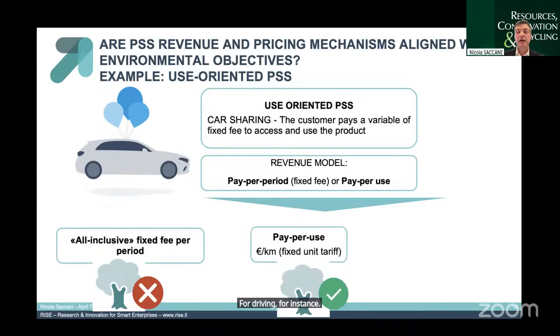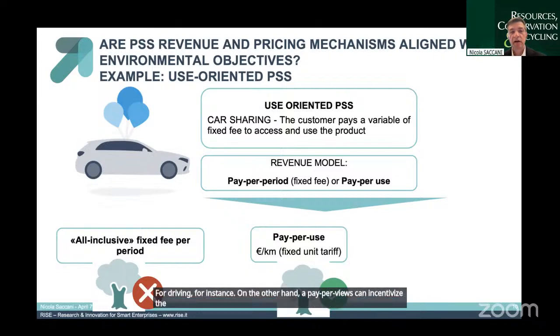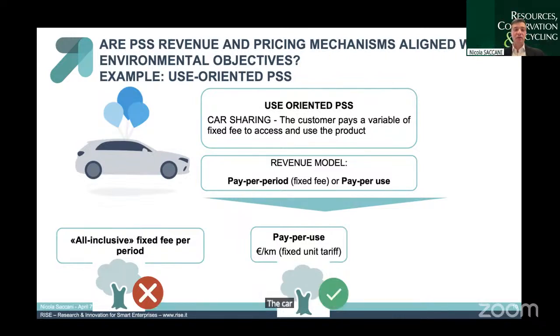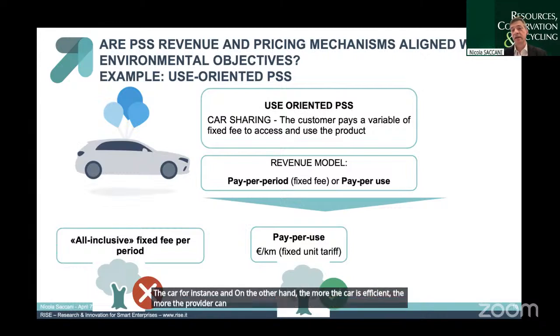On the other hand, a pay-per-use can incentivize the user to avoid any unnecessary usage, because you pay exactly in reason of what you use, of how much you use the car, for instance. And on the other hand, the more efficient the car is, the more profit the provider can make.